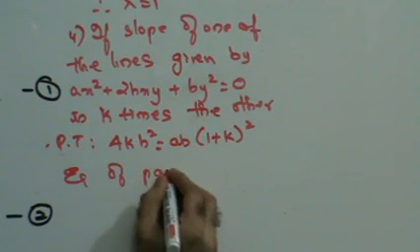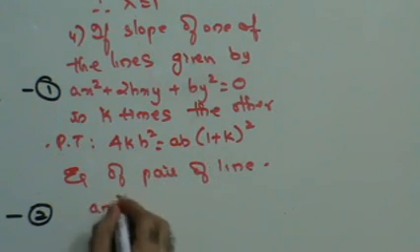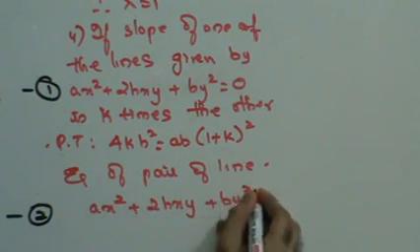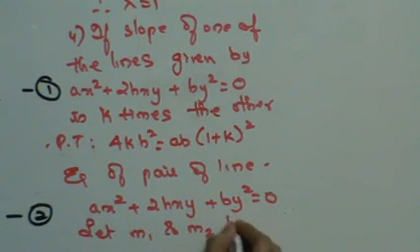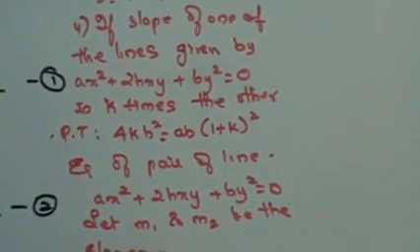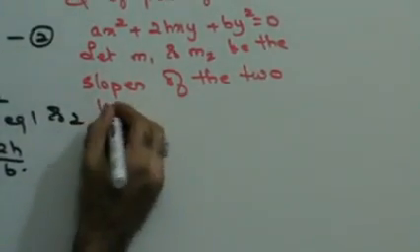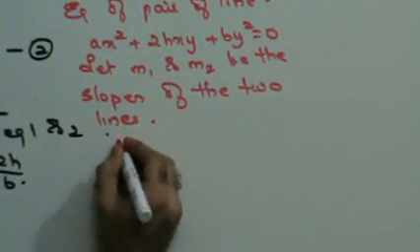Now, the equation of the pair of lines is given to you as ax square plus 2hxy plus by square is 0. Right? Now, let m1 and m2 be the slopes of the two lines. Now they've given you that the slope of one line is k times the other.